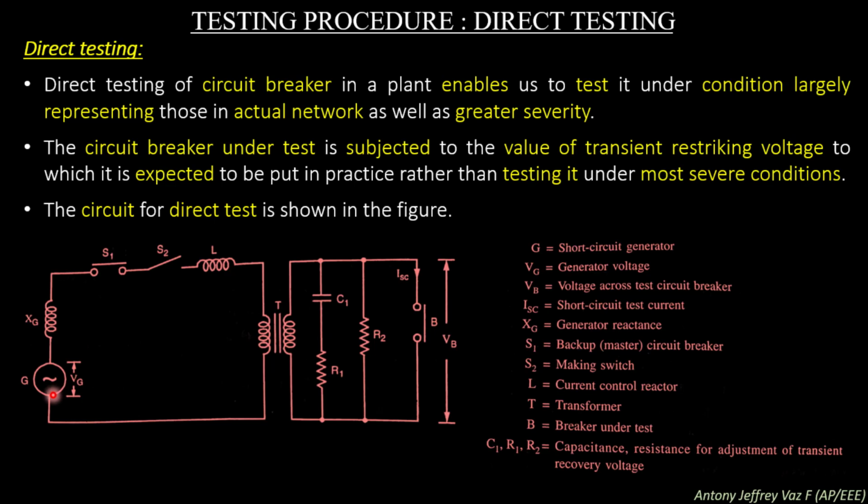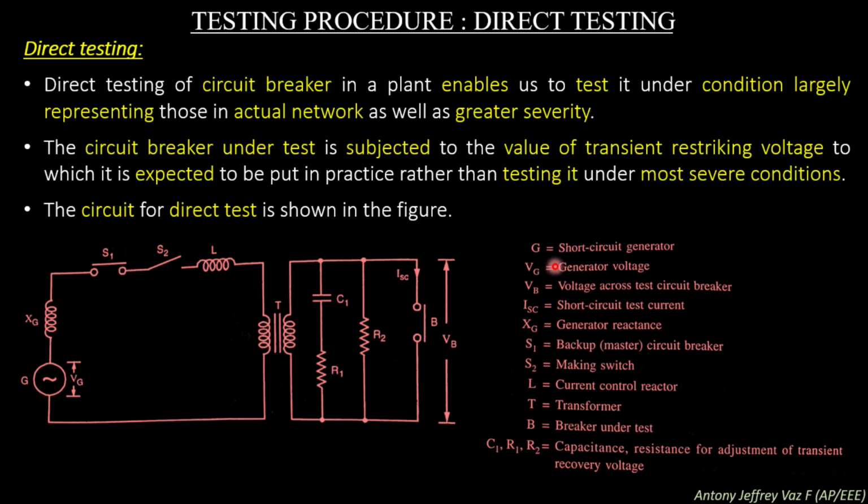You can see the short circuit generator, the reactance of the generator, the main circuit breaker, the making switch, and the inductance and the transformer, and all its equivalent resistance, capacitance, and everything is shown in the equivalent circuit of a direct testing equipment.